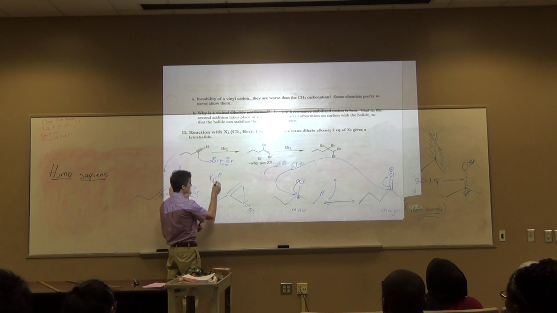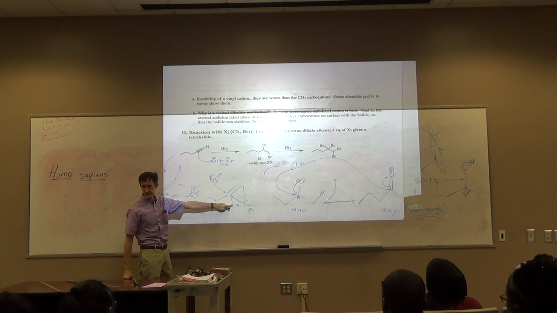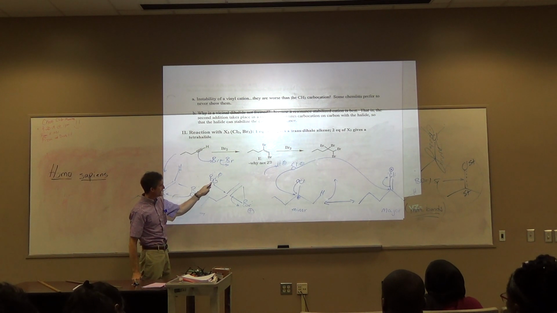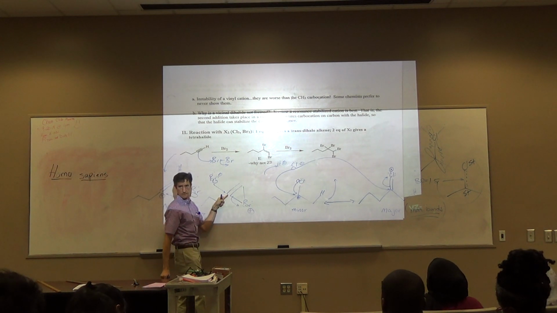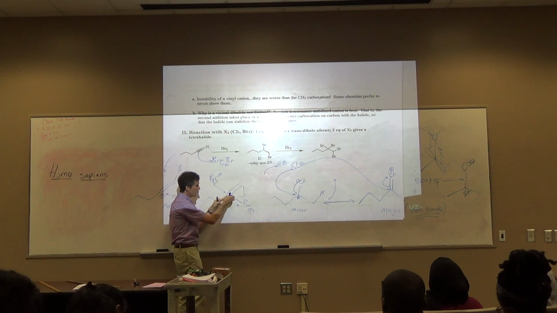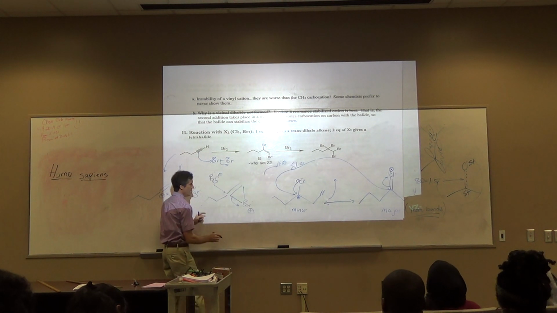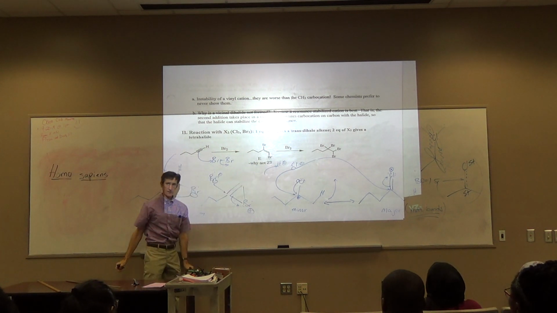That bond's down, this bond comes in from the top, kicks that off. Many of you are not showing the second arrow here. Mechanism arrows show making and breaking of all bonds. I'm making a bond between bromine and carbon, but I've got to show this bond being broken. These electrons move back from the bromine as the third lone pair. And you see that this bromine will be up and that bromine will be down.